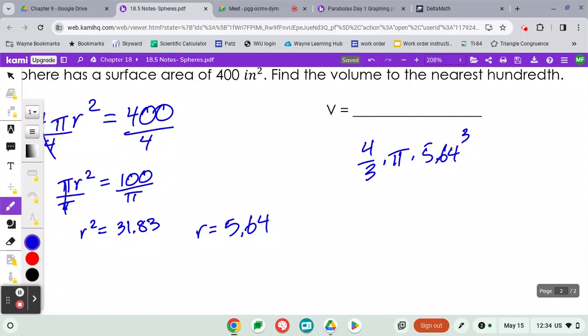Now, if you use 5.6, you're going to get a slightly different answer than if you use 5.64. So if you use 5.64, what do we get? Yep. And it's volume, so that means it will be inches cubed.